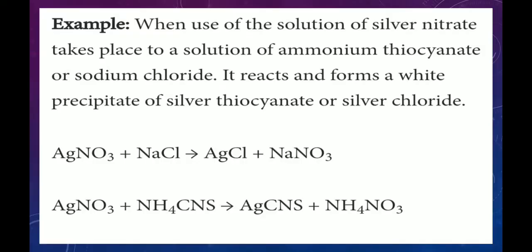For example, when a solution of silver nitrate is added to a solution of ammonium thiocyanate or sodium chloride, it reacts and forms a white precipitate of silver thiocyanate or silver chloride, and these are the reactions for these titrations.